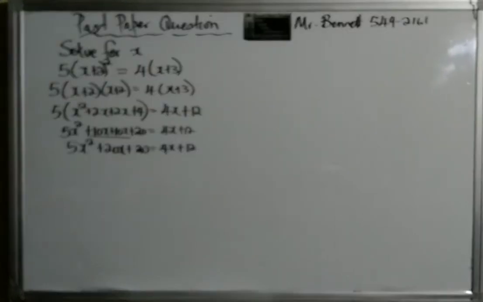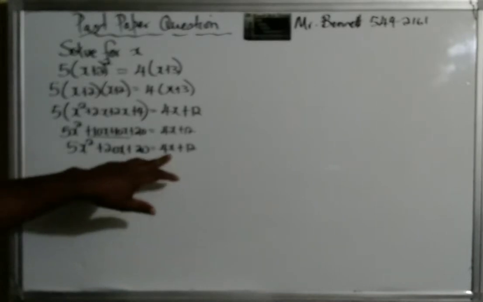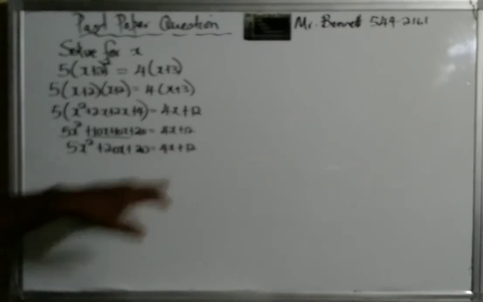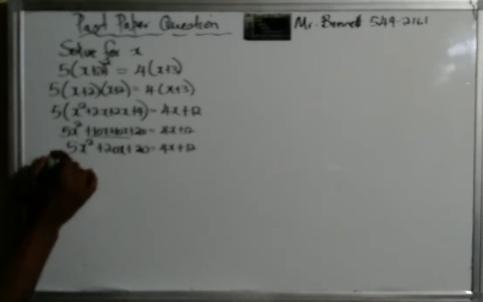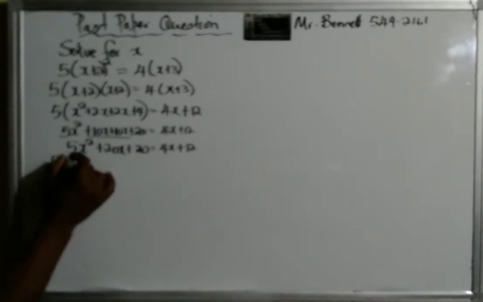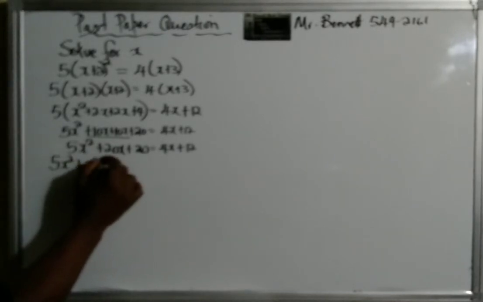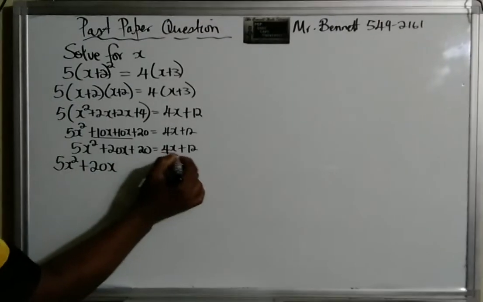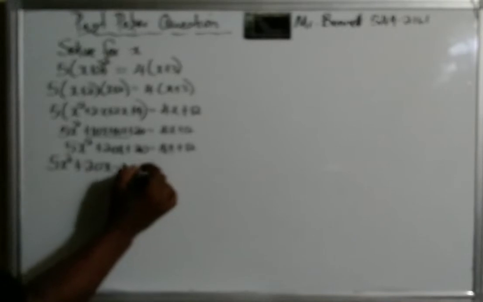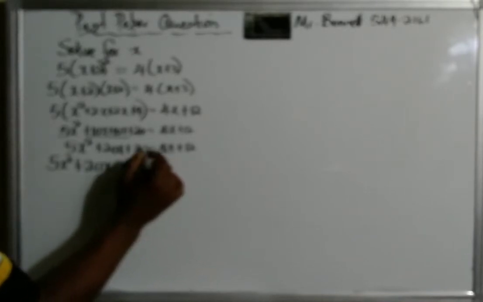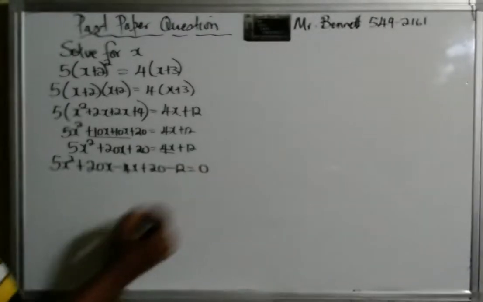Alright, all we need to do now is to equate this side to 0. So we're going to subtract 4x and 12 from both sides. Let us group the like terms. 5x squared is the only x squared term, then 20x minus 4x, and 20 minus 12, equal to 0.